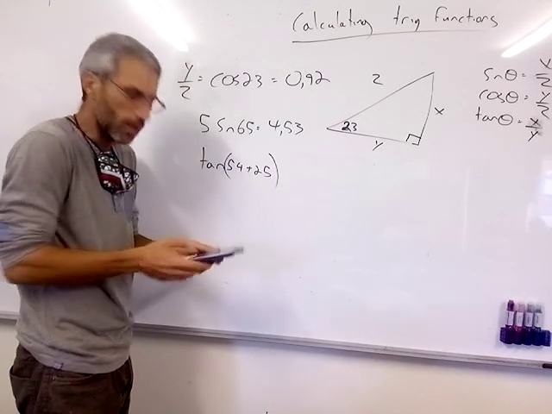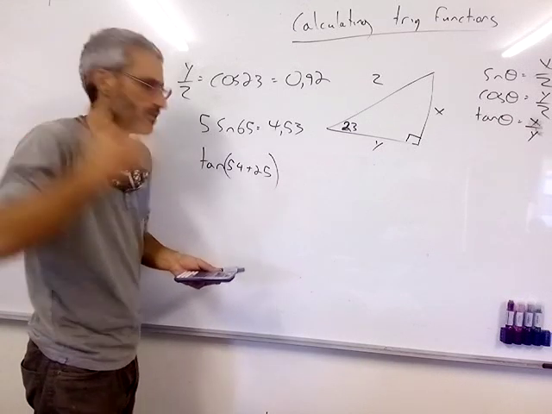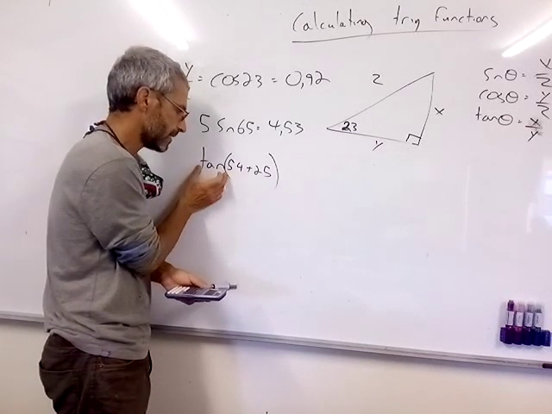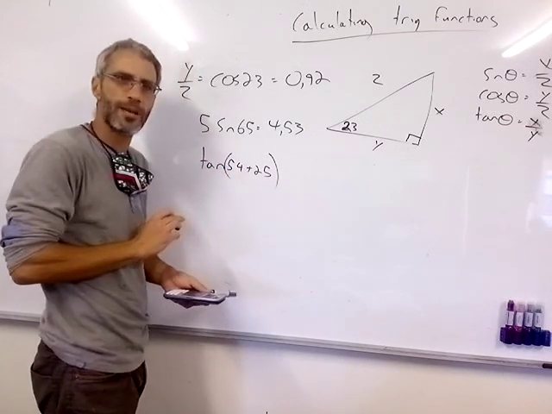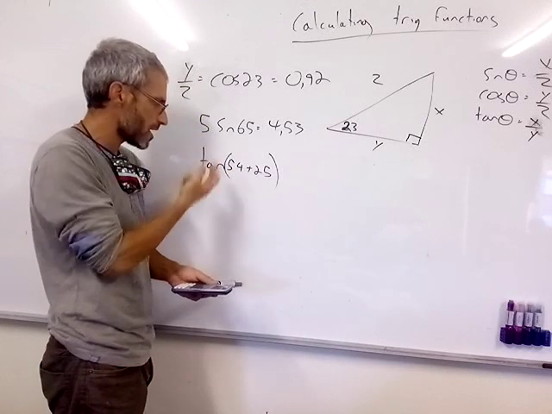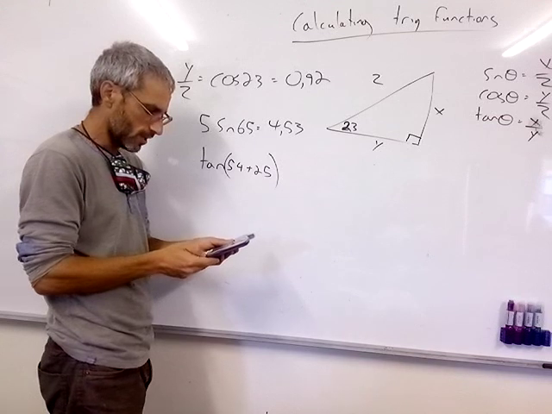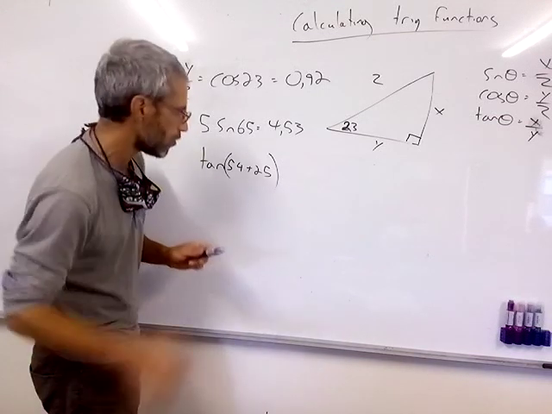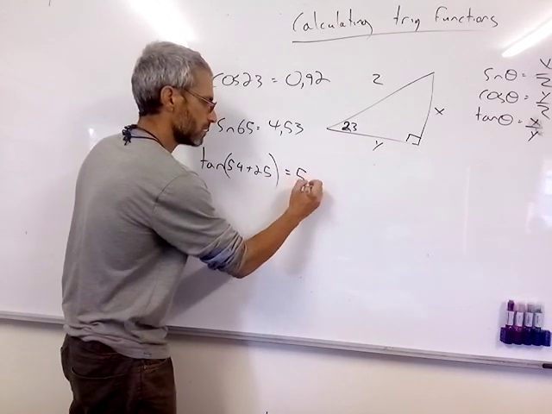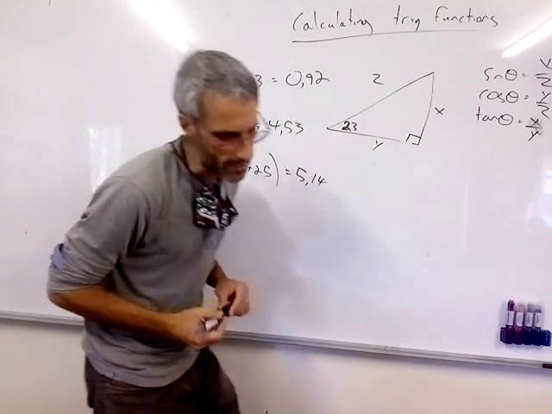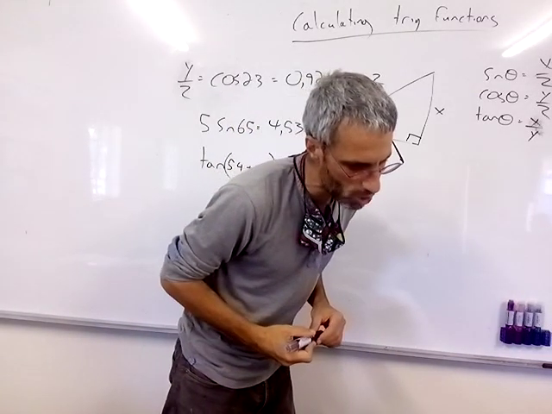That will work. But what I'm trying to get you to understand is the tan is of this whole angle. Does that make sense? If you want to do it in your head, you can say tan 79. But anyway, you can write it like that. You get 5.14.